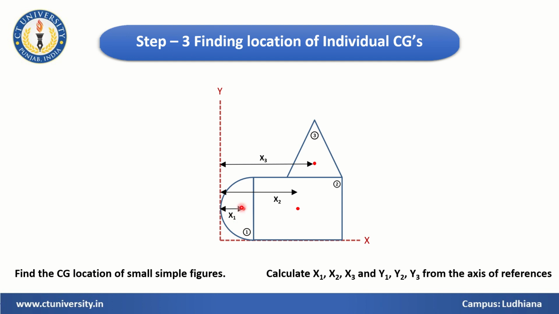So x1 will be the total distance minus 4r upon 3 pi. Similarly, x2 will be half the length, from here to here, plus this distance. So it will be this radius plus half of the length of the rectangle. Similarly, we can find x3 also.